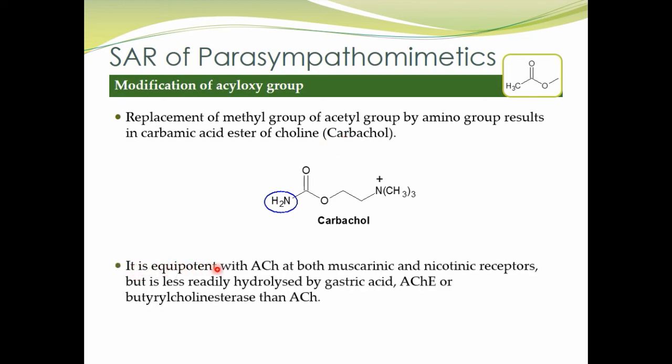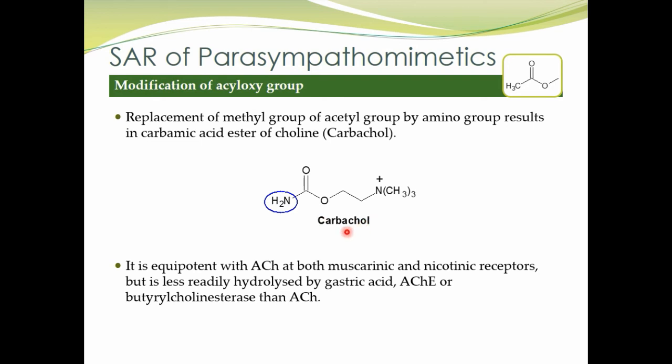It is equipotent with acetylcholine at both muscarinic and nicotinic receptors. Equipotent means equally active, but it is less readily hydrolyzed by gastric acid, acetylcholine esterase, or butyryl choline esterase than acetylcholine.